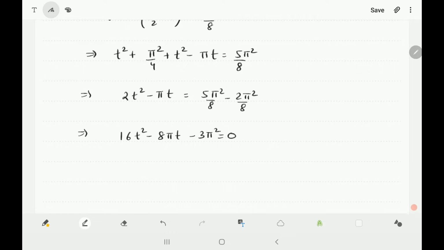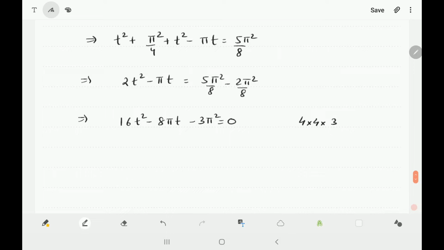Now this is a quadratic, we have to factorize this term. So we can write 16 as 4 into 4 into 3. So this will become 12 and 4. So we will write this term as 16t square minus 12 pi t plus 4 pi t minus 3 pi square is equal to 0.